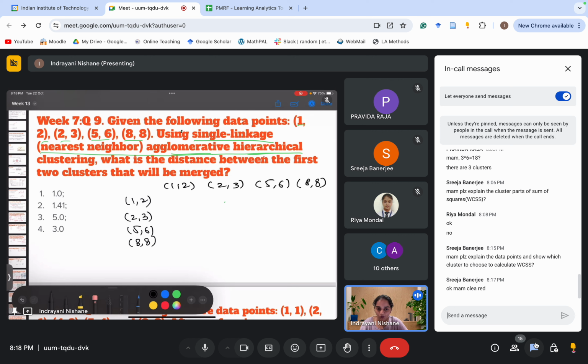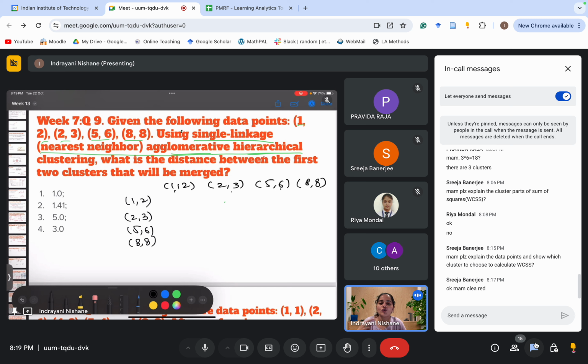It starts from the bottom and goes up, every data point is an individual cluster. So if every data point is an individual cluster, the centroid is the data point itself. So these are the 4 cluster centers for us, and now we are supposed to see which 2 clusters have minimum distance. That will be merged, because we are using nearest neighbor to merge. So nearest neighbor means the clusters which have minimum distance.